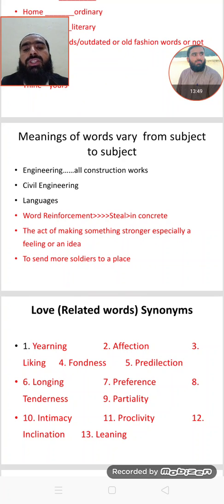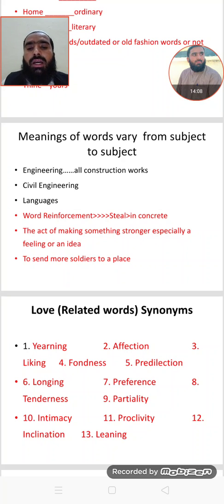For example, in engineering and construction works, reinforcement means when steel is used in concrete. This is called reinforcement in the engineering subject.